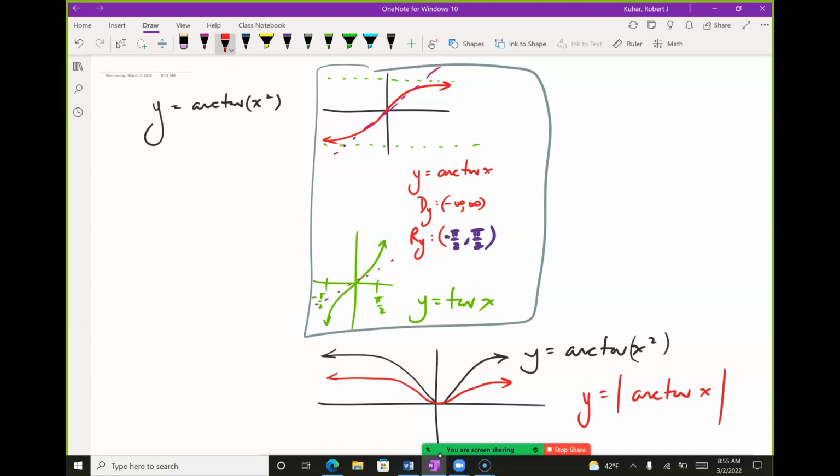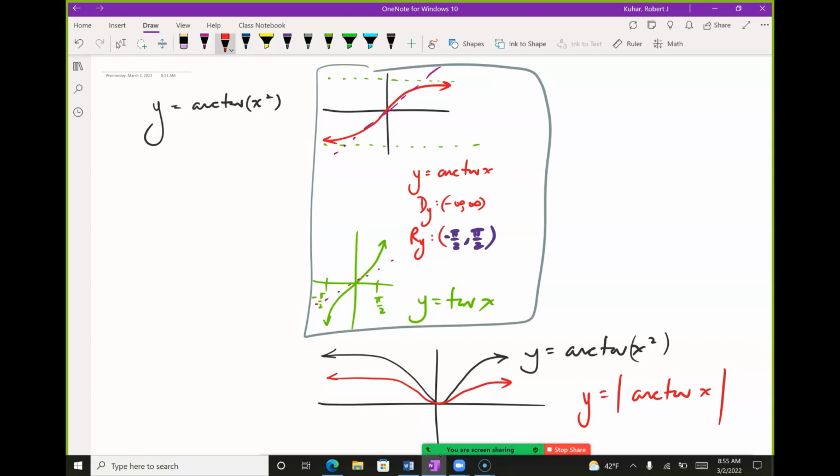Because of the x squared. If you think about what's happening with the x squared, it is killing the negative, right? A 2 becomes a 4. A negative 2 becomes a 4. So it's pushing everything higher than just an absolute value. But it does something similar as an absolute value for sure.